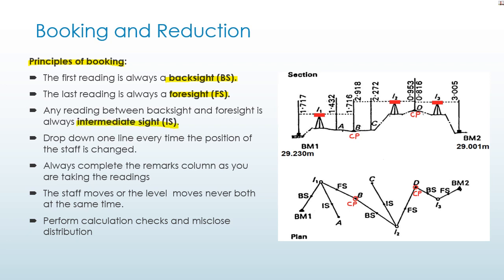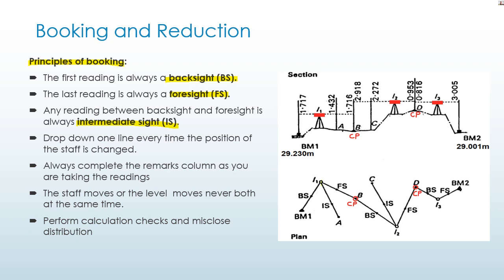So here you need to remember the definition. Backside is the first reading of a setup. The last reading of that setup is the foresight. And any other reading that is not a foresight or a backside will be the intermediate side.